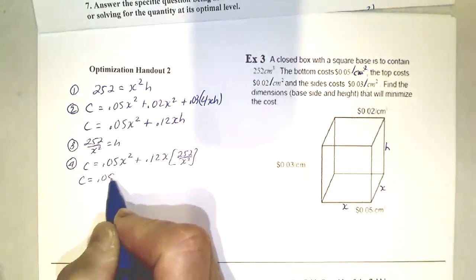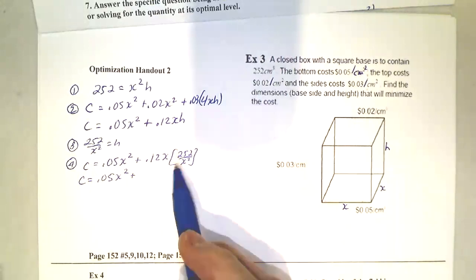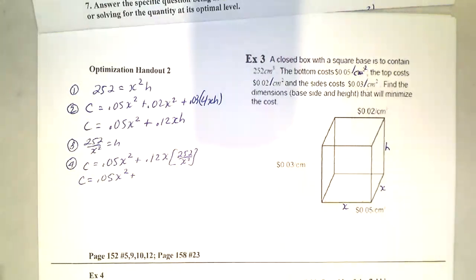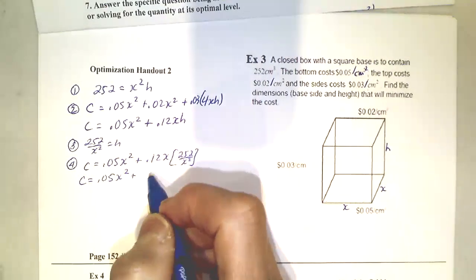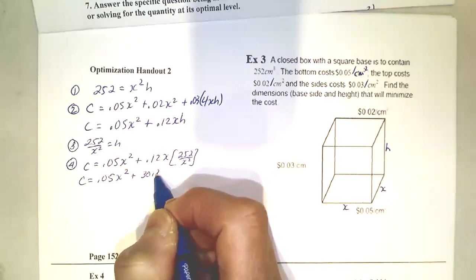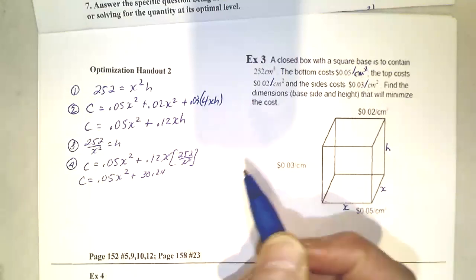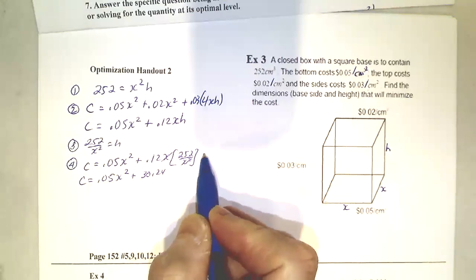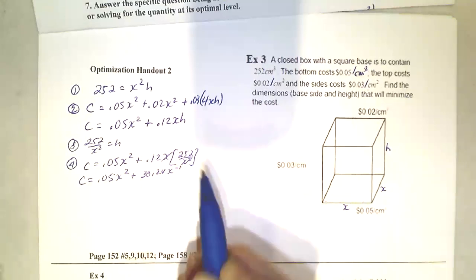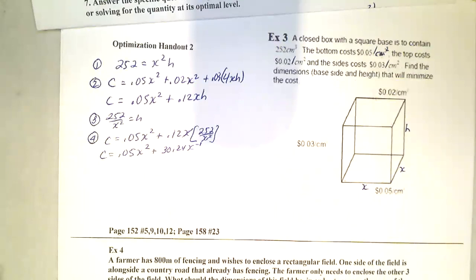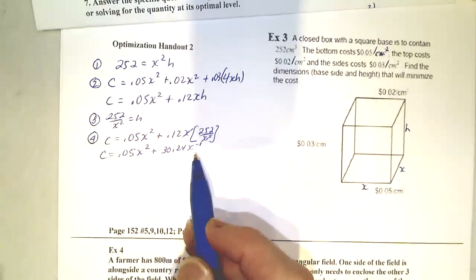So when you simplify the equation, 0.12 times 252 is 30.24. So you get 30.24. Those x's cancel out. And I bring the x up because I don't want any rational expressions. And now I have the function the way I like.